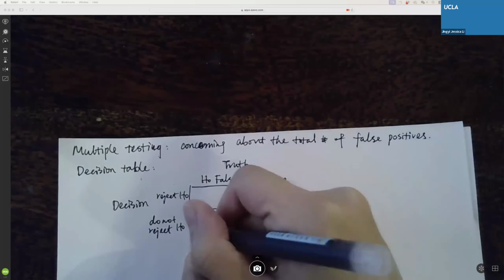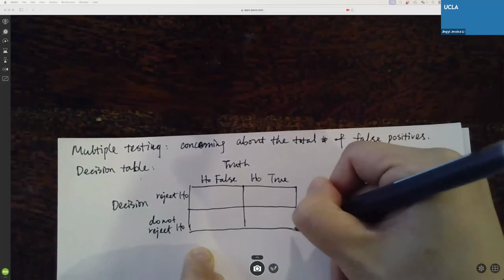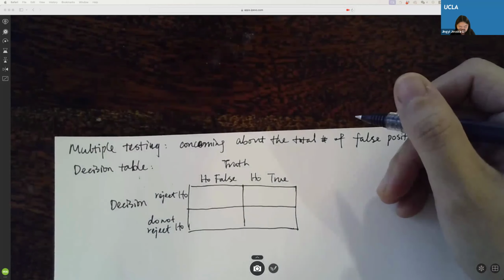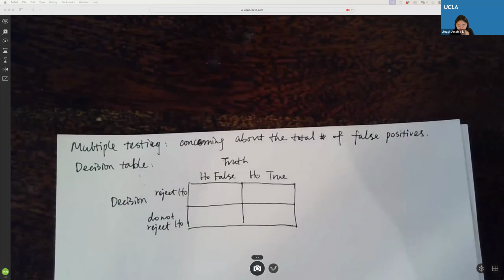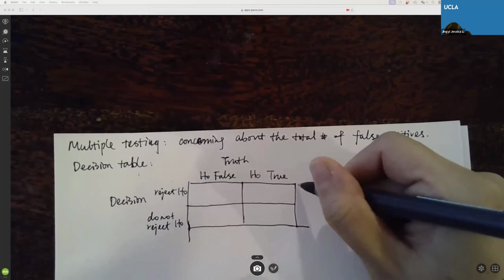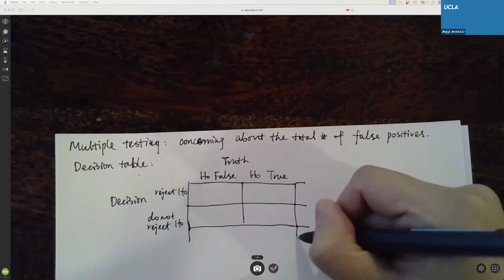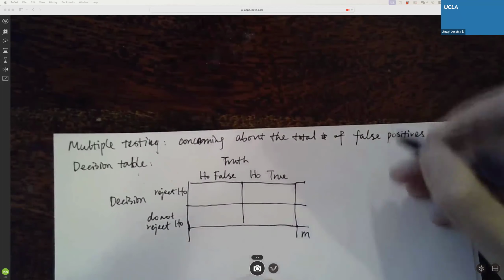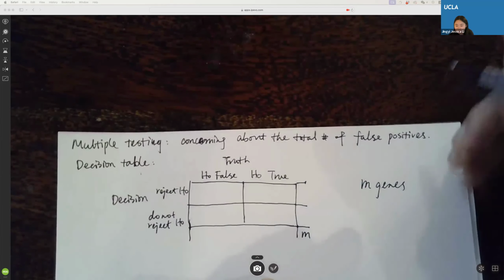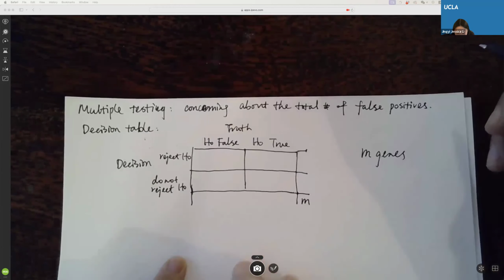So suppose that we have a total number of, just to be a little bit consistent with the type notes I posted online, M genes. We change this notation a little bit because P is used for P value. So here we just say we have M genes.